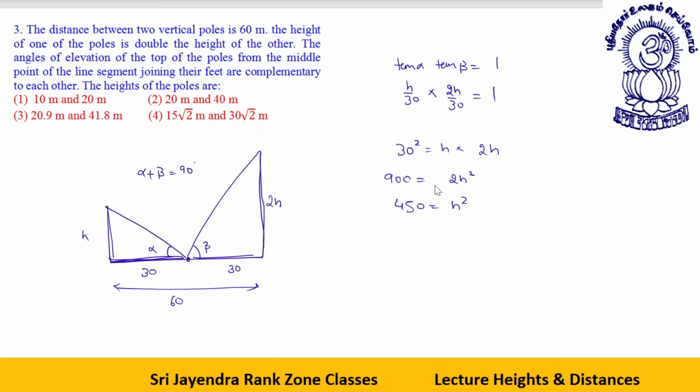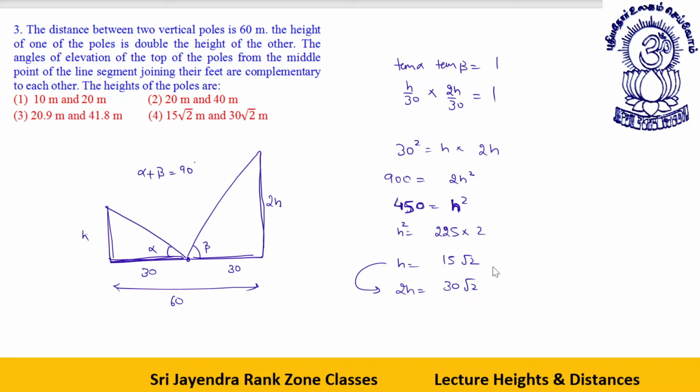Now, if h square is equal to 450, what will happen, dear students? I can say h is equal to root of 225 into 2. H will become 15 root 2. Height of the other pole, 2h, will be double of this. That will be 30 root 2. Am I clear to all of you?